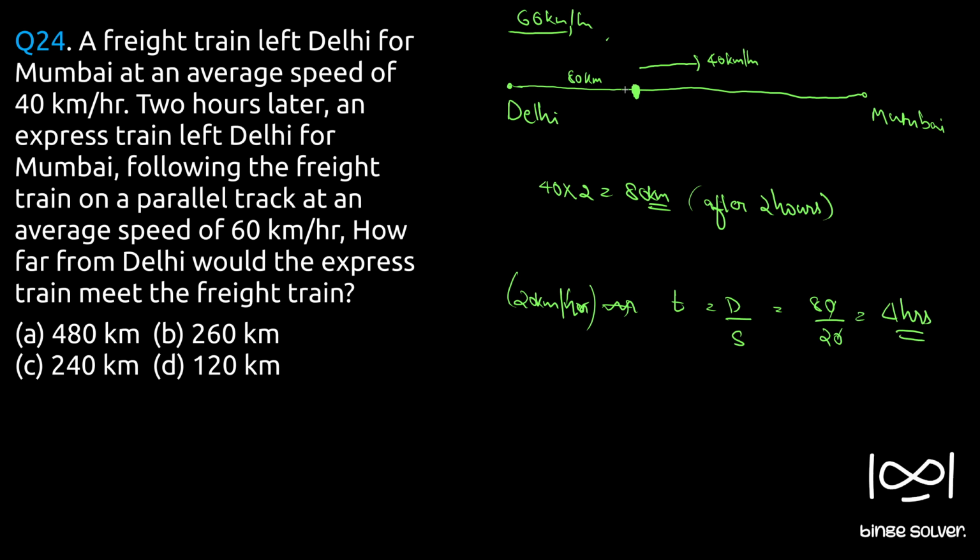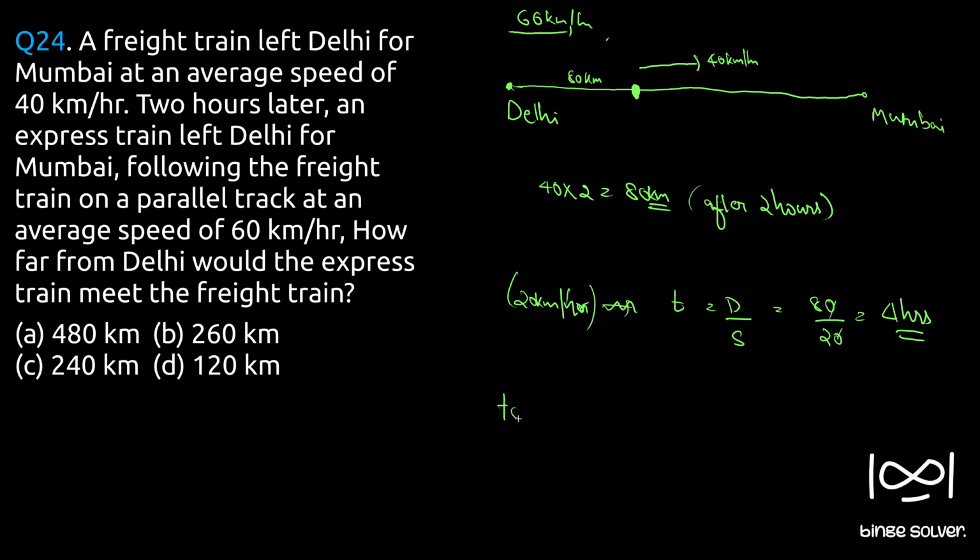So when the freight train is 80 kilometers apart, it will take a further 4 hours to catch up. So further 4 hours means this train has traveled 4 hours with a speed of 60 kilometers per hour.